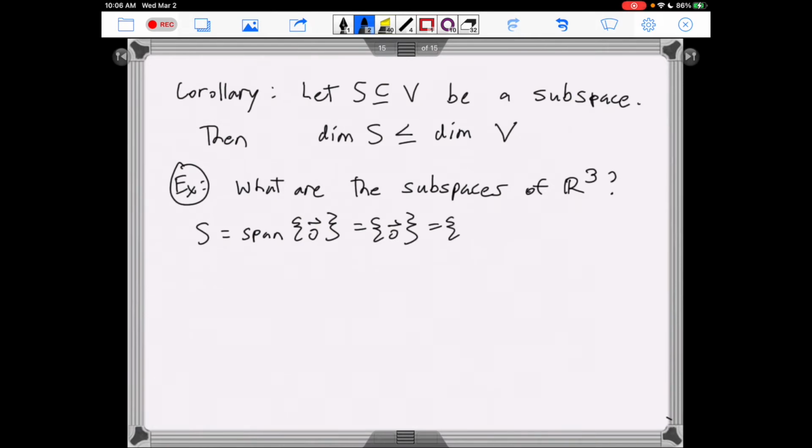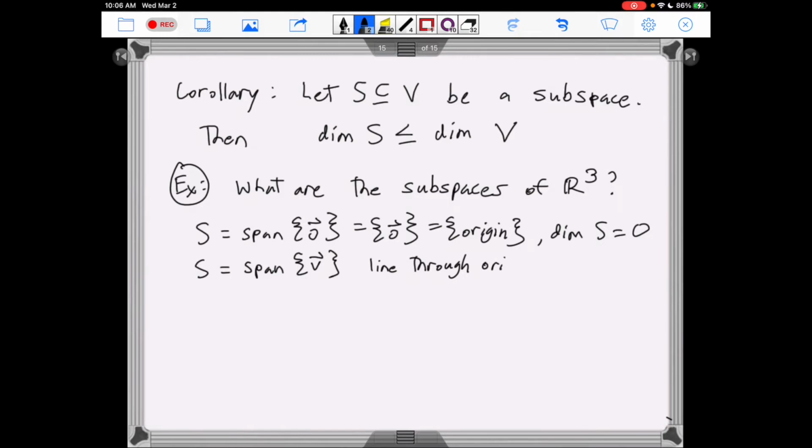And this is literally just the origin. And so the dimension of S is 0, right? The other case is, what if you take any vector that's not the zero vector? How about we just take one vector, v? Then this is going to be a line through the origin. And so its dimension is going to be 1.